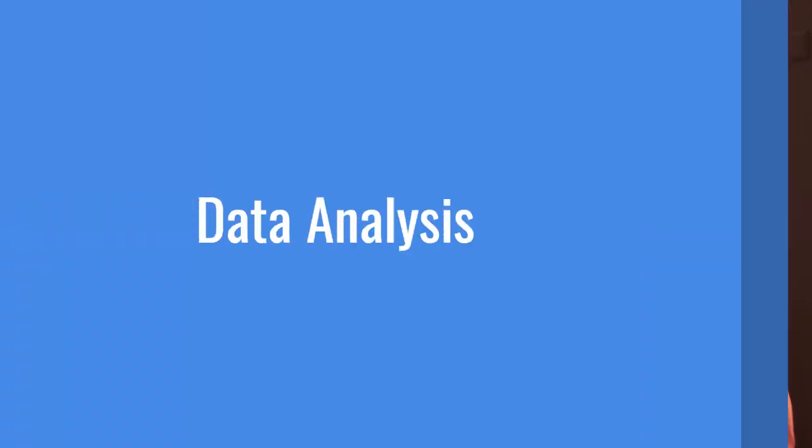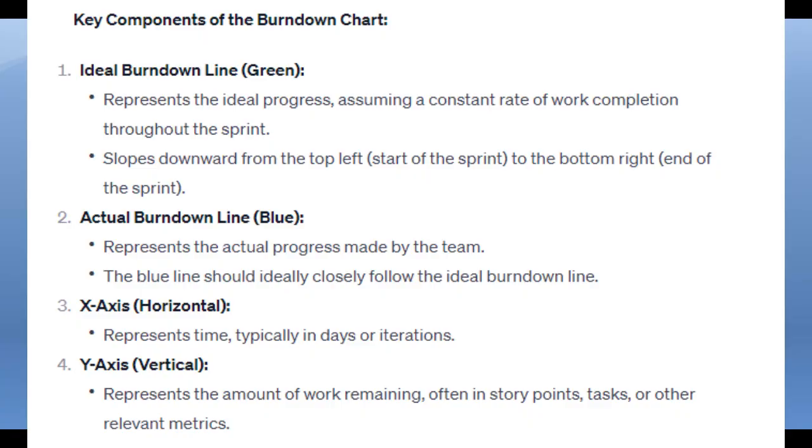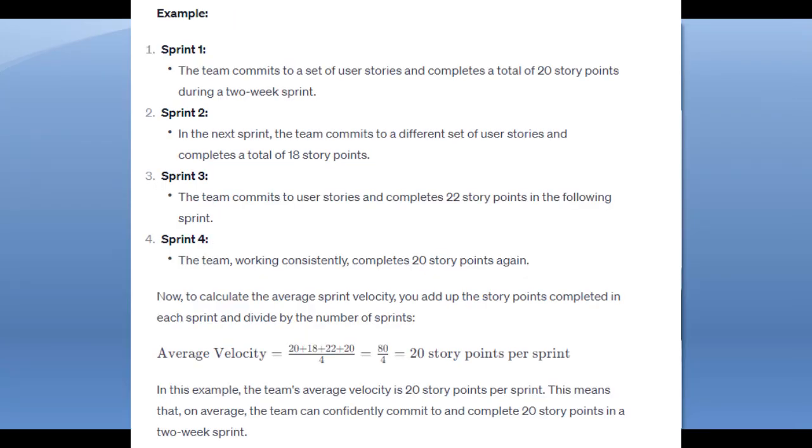Then data analysis means that we can use different charts, for example velocity, burn down charts and other performance indicators, to analyze the performance of the team. For example, velocity is a chart which shows how many user story points have been completed on average during the sprint by the team.